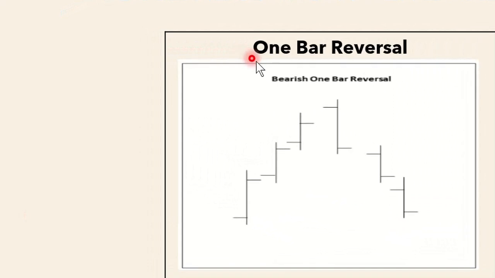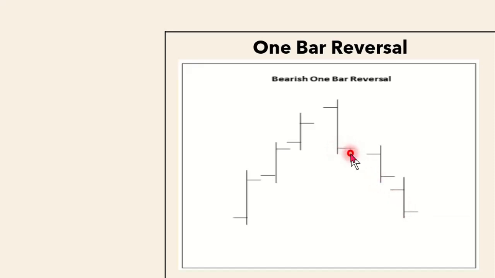The first one is the 1 bar reversal. If you focus on this bar, the high of this bar is higher than the previous high and the close is below the previous close. This is considered a reversal and the bullish trend is now a bearish trend.